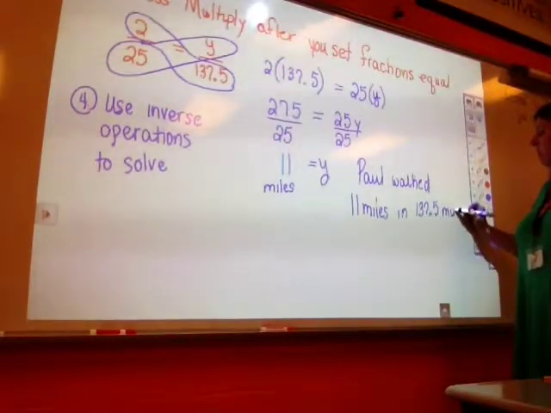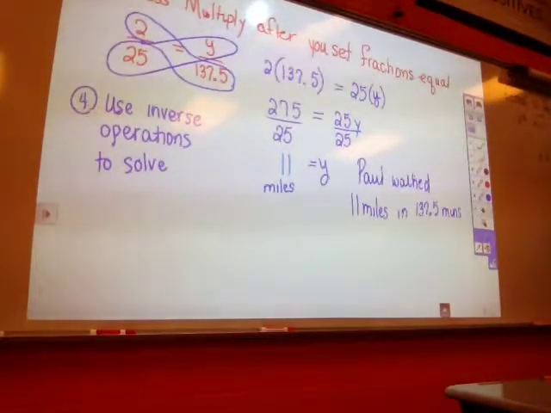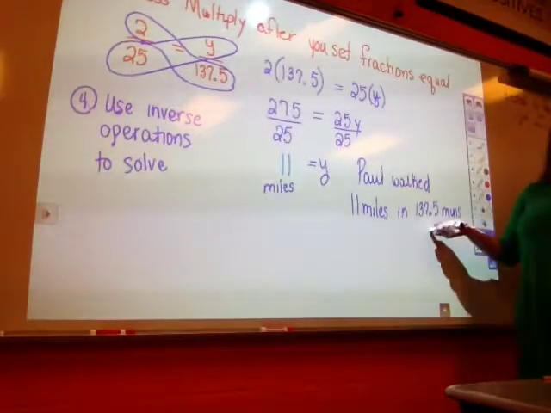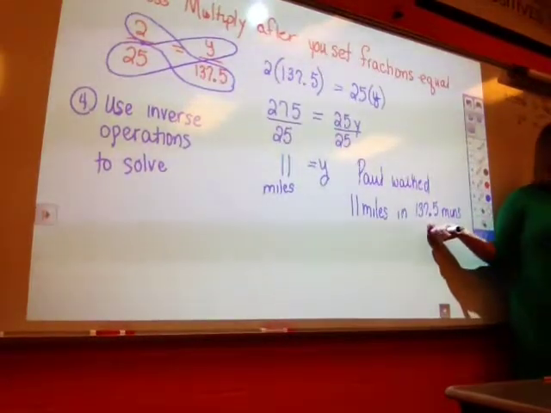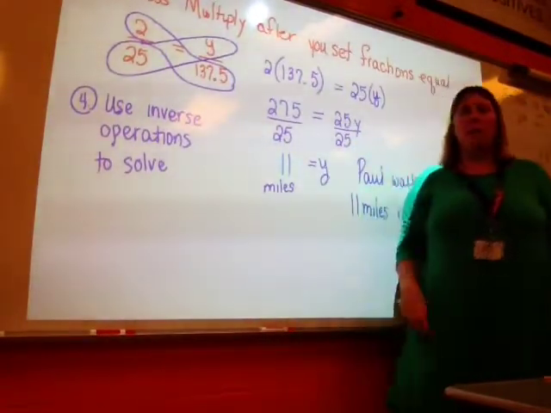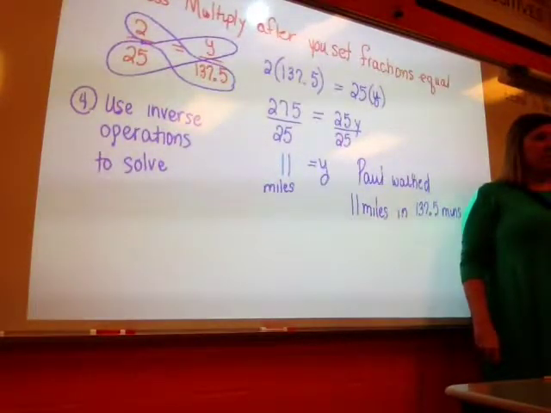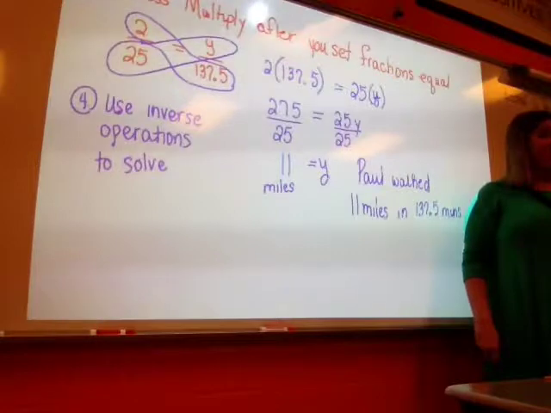137.5 minutes. So I want you to think about what that really means. 2 hours is 120 minutes, so this would be 2 hours and 17 minutes. So in 2 hours and 17 minutes, he was able to walk 11 miles. That's not much, is it?